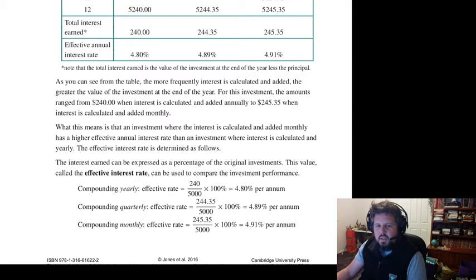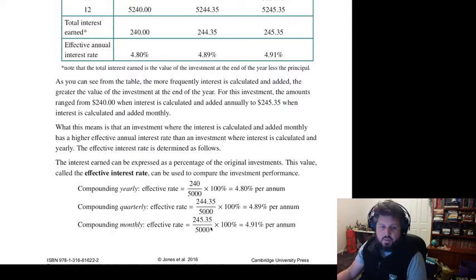With the quarterly, where it happened 4 times a year, again, you would do the interest earned, which in this case is $244.35, divided by the initial amount, which was $5,000, multiply that by 100, and it comes out to being 4.89% per annum. Yep. So it's actually, if you think about it as a per annum value, by doing it compounding quarterly, you can see it's higher interest rate that you actually are getting.